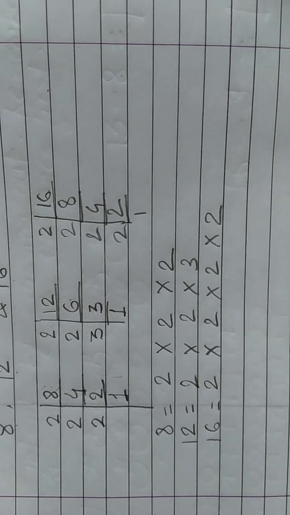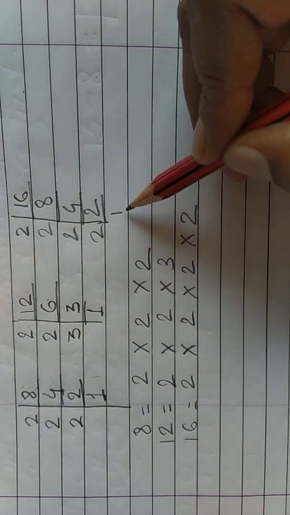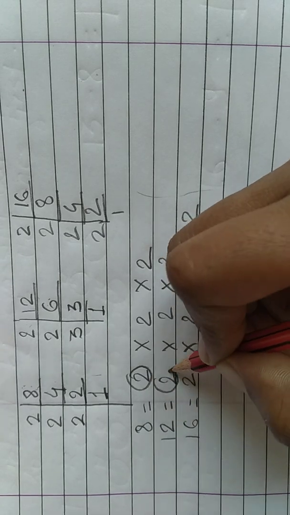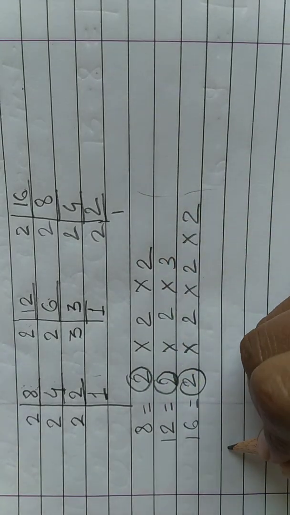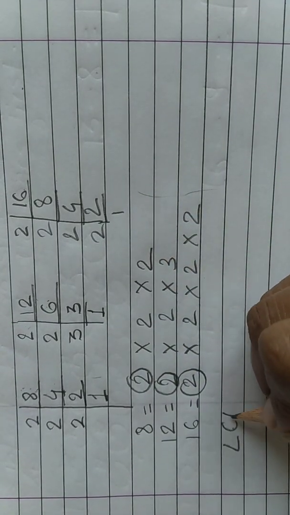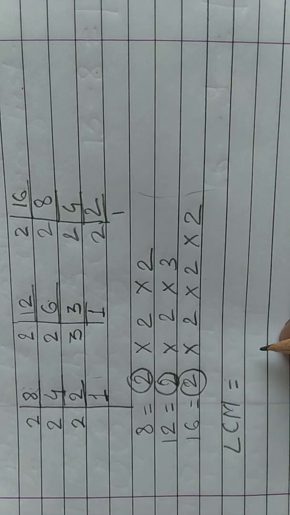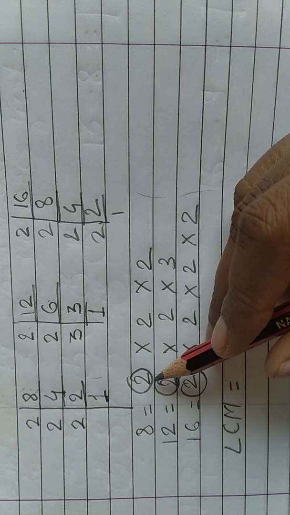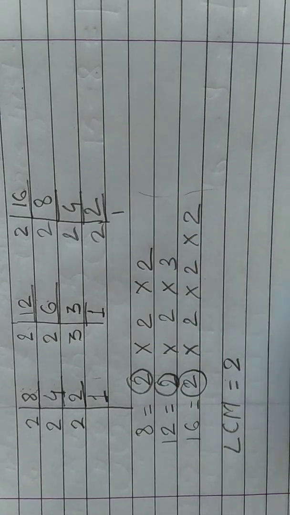After that we circle out the common factor in both. Okay, so 2 is the common factor, so circle it out first. To find the LCM, we circle out to make a group, so that's why we write it only one time.